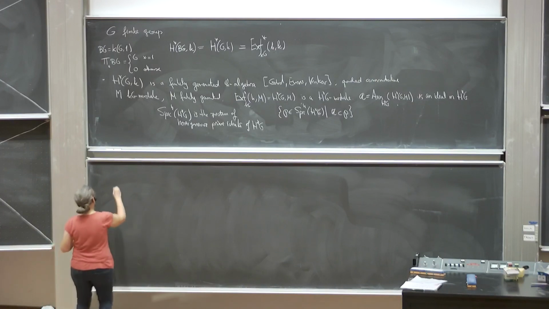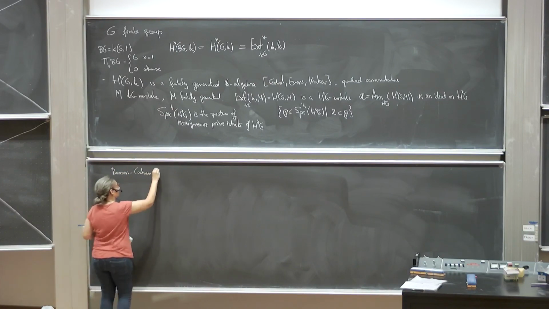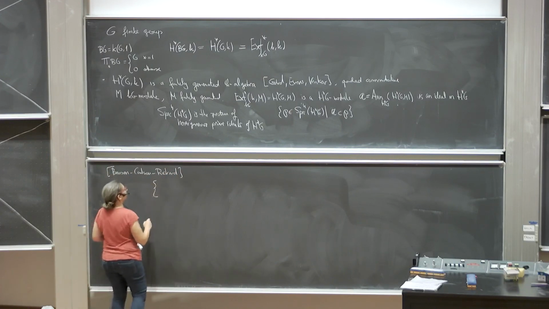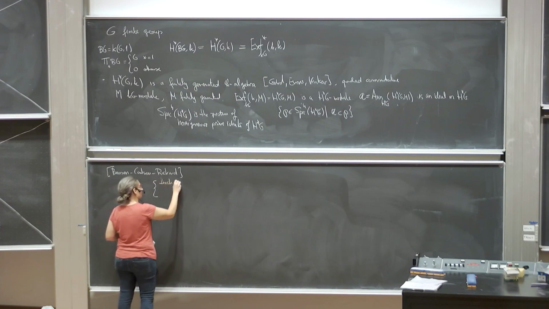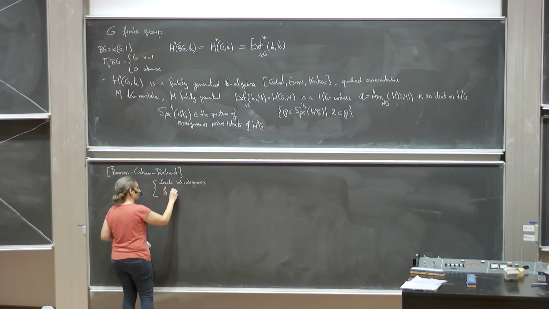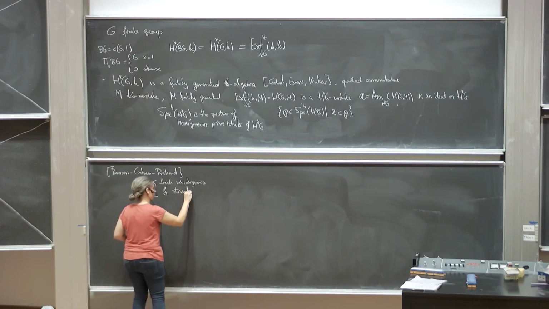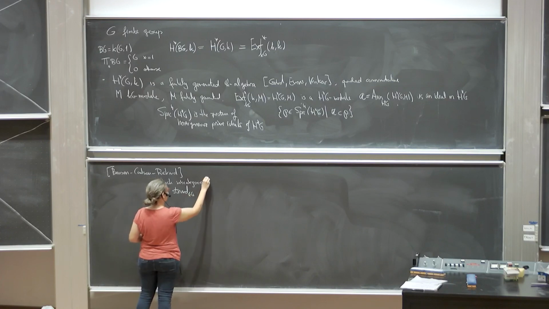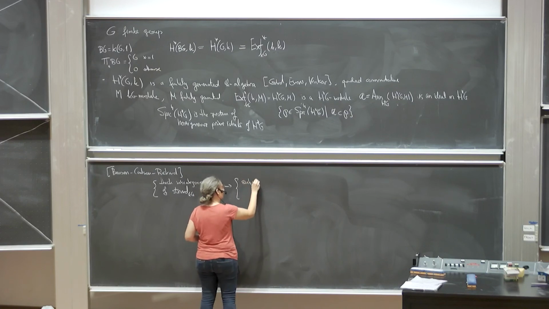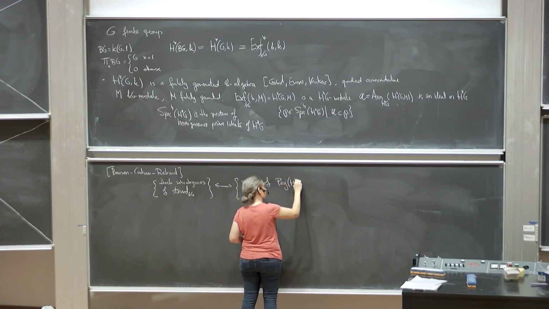And so Benson, Carlson, and Rickard establish a bijection between thick subcategories of, I write small letters, meaning finitely generated, KG modules, and subsets of Proj of the cohomology of G.